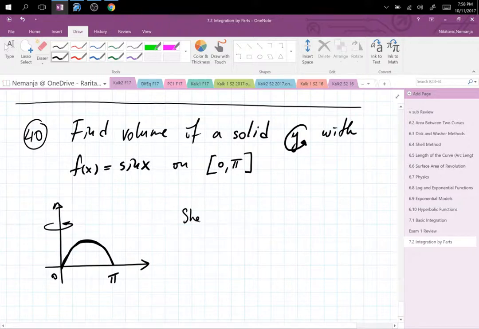Nice. So the shell method says that we have to integrate from what to what? 0 to pi. I forgot 2 pi in front. And then what do I write? x sine x dx. See? Right on, integration by parts.